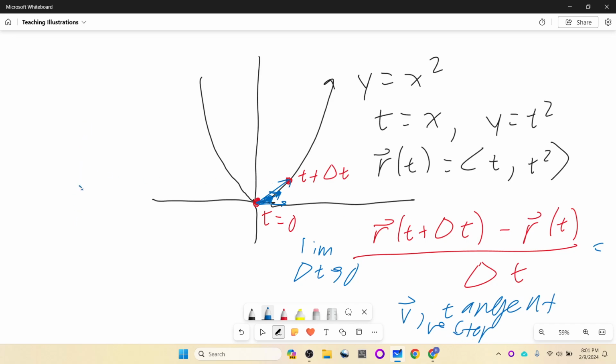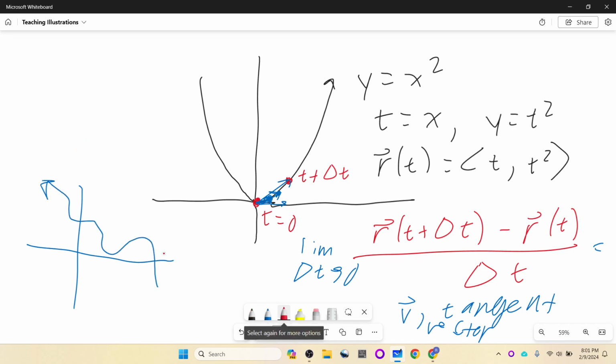So, for any other example, let's say I have a curve like this. It's going in this direction. If I pick this point here and I try to work out what the tangent vector was, what the velocity vector was, it would be like this. If I pick this point here and I work out the derivative, it would be a vector like this.